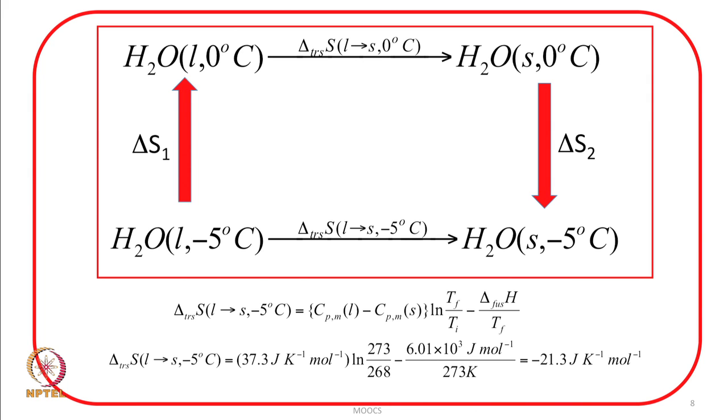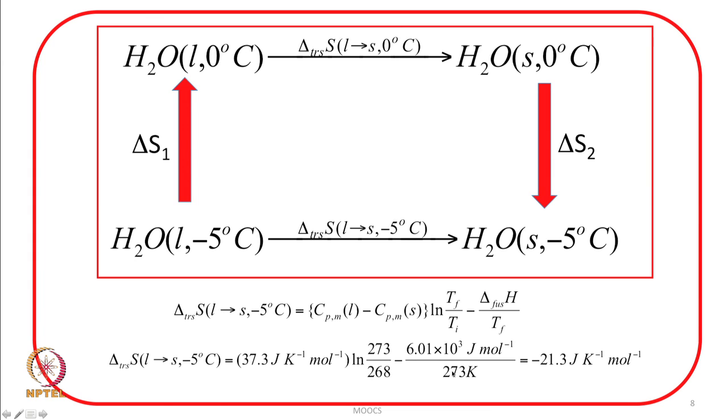Substituting the numbers, this information is given to us: 37.3 joules per Kelvin per mole. Tf, the freezing point, is 273 Kelvin. Initial is minus 5 degrees Celsius, which is 268 Kelvin, and the enthalpy of fusion or freezing is 6.01 kilojoules per mole.